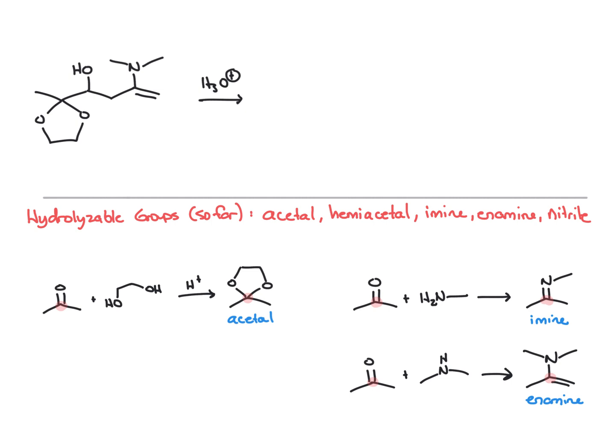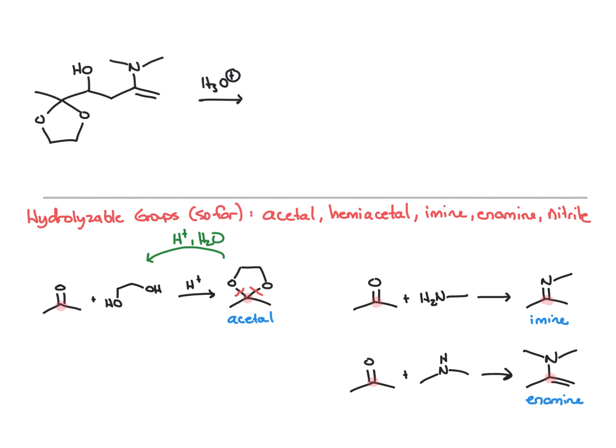The reverse reaction is a hydrolysis. So if I were to take this acetal and add acid and water, we're just doing the reverse reaction. We're breaking this acetal apart, we're breaking those two bonds.